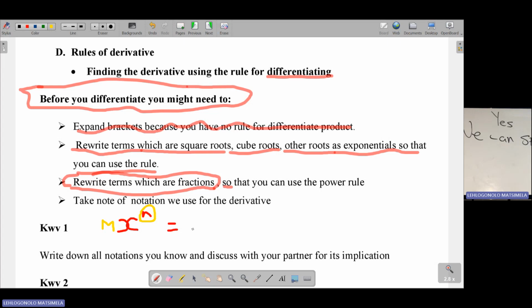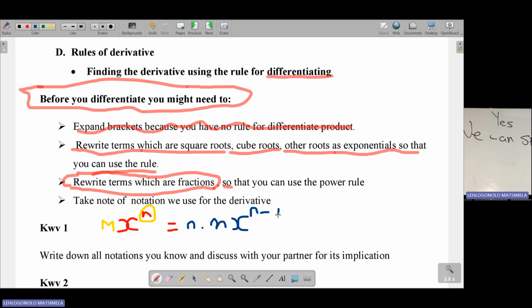The rule of differentiating is this: we take the exponent, n, multiply by the coefficient of the base, m, then multiply by x to the power of n, where we minus 1 from the exponent, so that we can get to the answer.